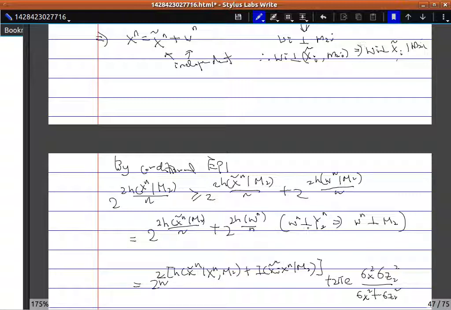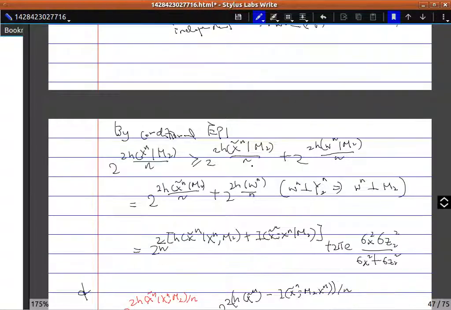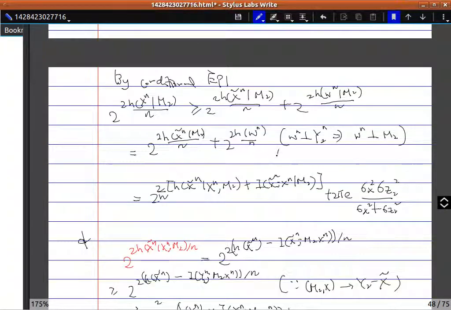Again, W should be independent of M2, so we can remove this condition here. So we will just have this, and h(W) is just 1/2 log 2 pi e sigma W squared, right?